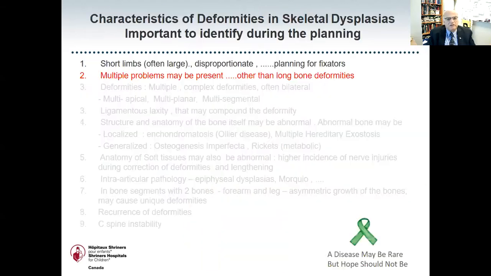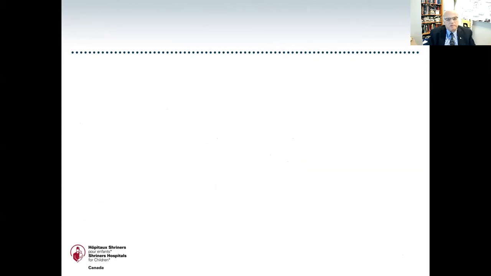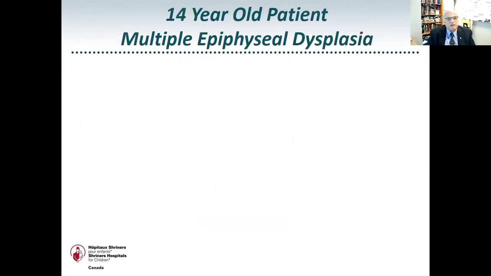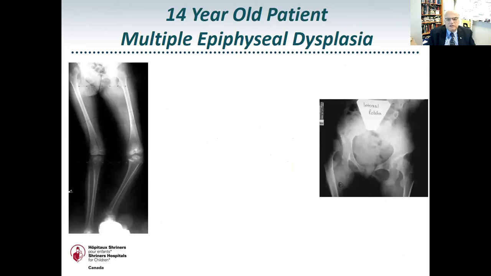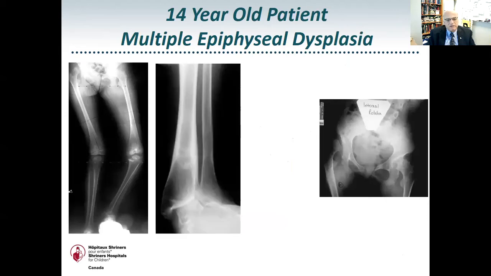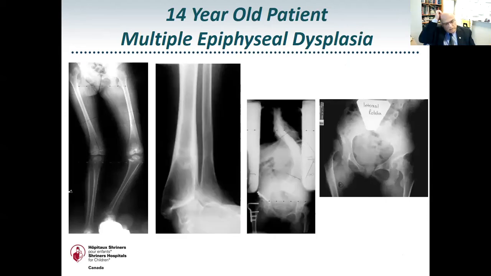The second characteristic is that usually the deformity is present with multiple problems other than the long bone deformities. For example, we have this 14-year-old patient with multiple epiphyseal dysplasia. She has a deformity of the whole left lower limb. However, there is also a dislocated hip, there is a valgus of the distal tibia, and there is a scoliosis.